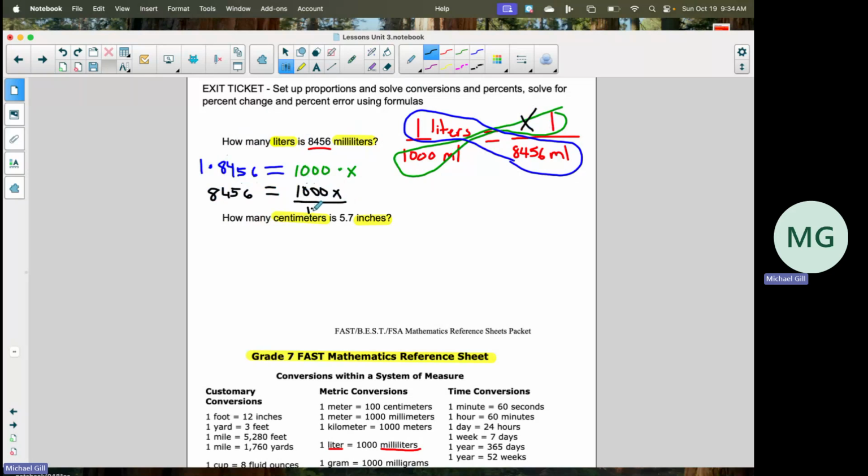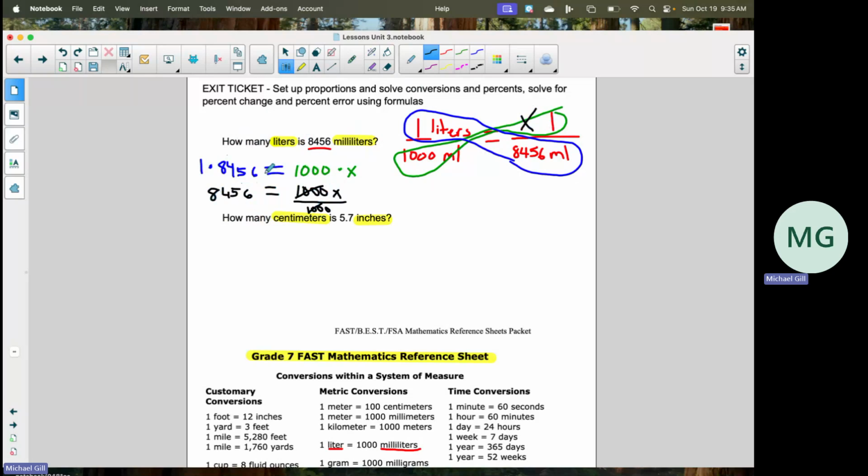If we are multiplying 1,000 times X up above, the way we get rid of the 1,000 to get X all by itself, because I tell them that's basically what solving an equation is, you're just trying to get the variable by itself, we need to get rid of that 1,000. Well, the way we do that is we divide in this problem. That divides out and goes away to 1, basically.